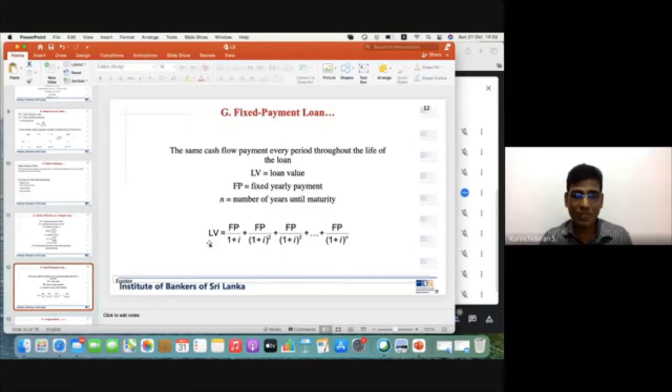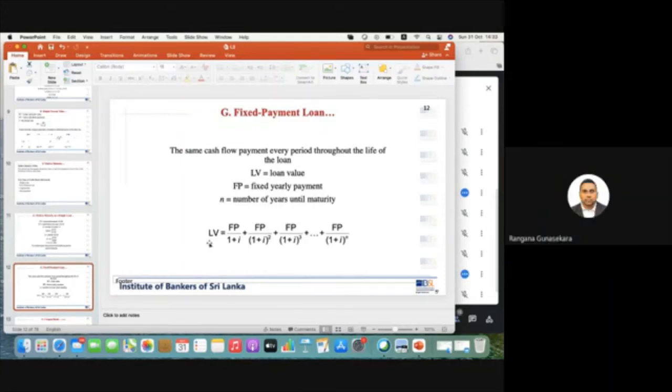Let's assume now it's 15%. Can anybody tell me, when you make these future payments into present value using the new rate, is the value more than 10,000, still equal to 10,000, or below 10,000?